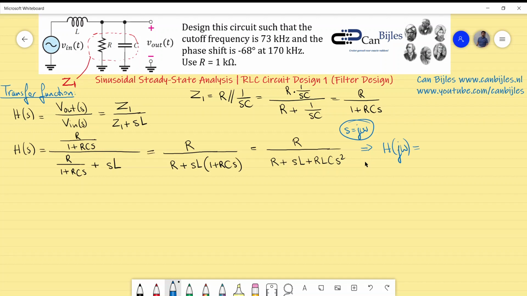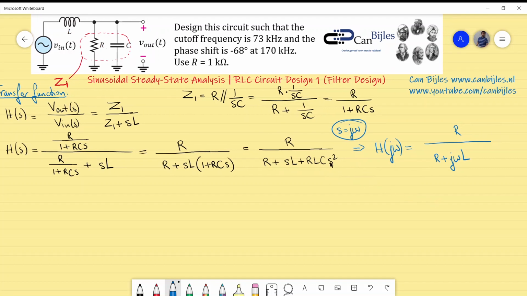So H of j omega will be R divided by R plus j omega L. And I now have here an s squared that will be j omega squared. So j omega times j omega will be minus omega squared, so it will be a real part. And minus RLC omega squared, I will place it here.